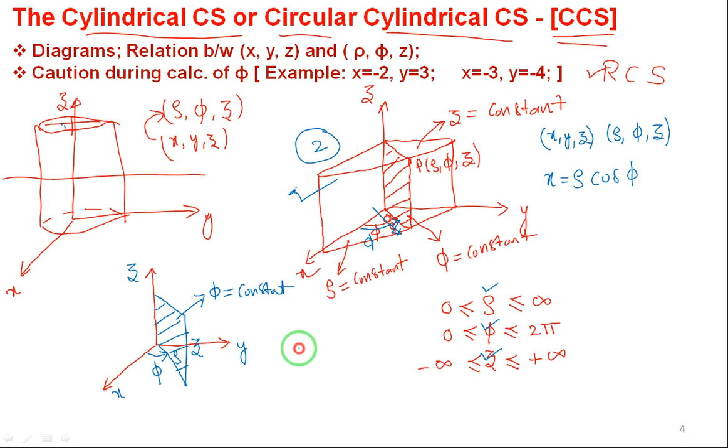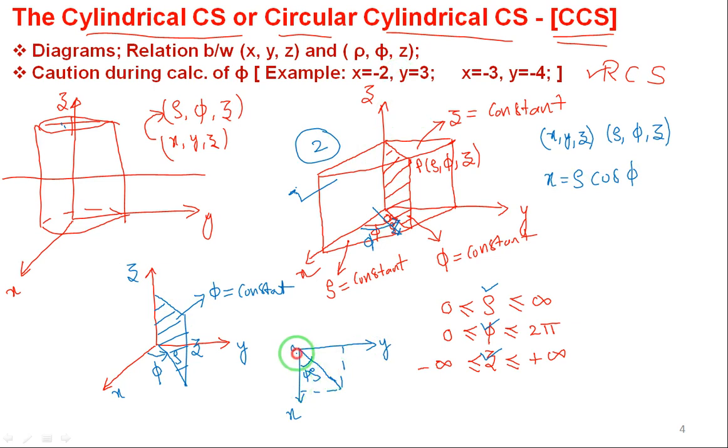I will draw the fourth diagram here. If I observe from top, this will be my x-axis, this will be my y-axis, because x, y, z are mutually perpendicular to each other, and this is the phi equal to constant plane. So this is rho, and the angle made is phi. Then I'll draw the dotted line so that it is clearly understood.